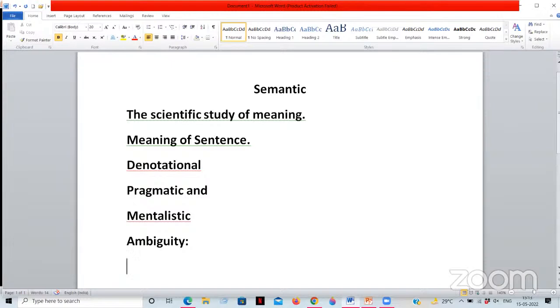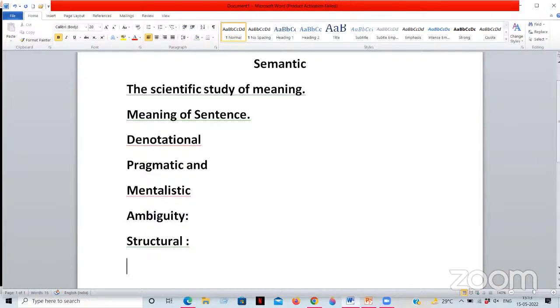Let me write that here: structural and functional. So there are two types of ambiguities. One is structural ambiguity, another one is functional ambiguity.